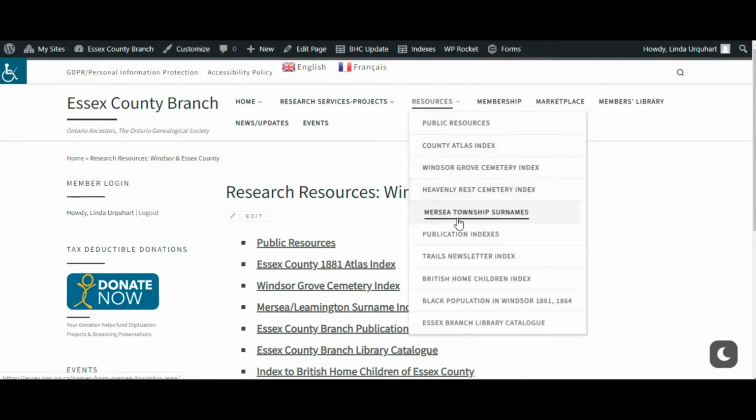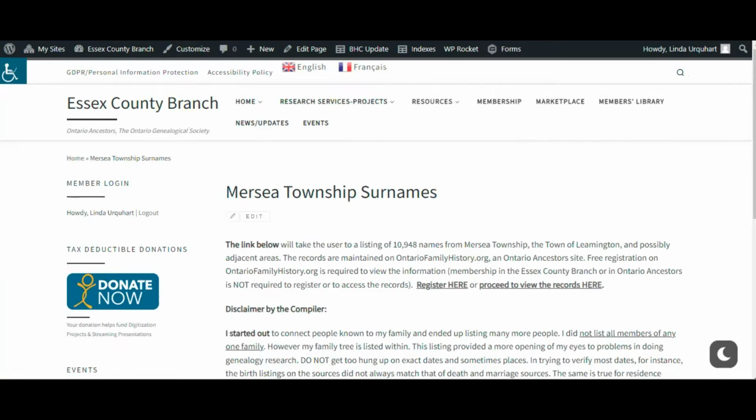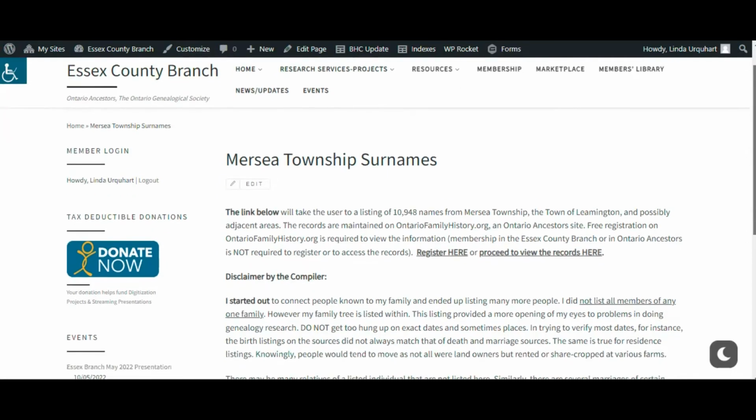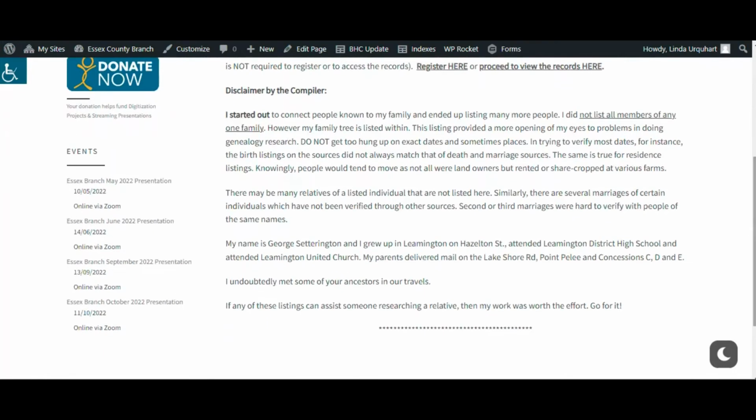And then Mercy Township surnames. This was prepared by a gentleman associated with the branch, George Setterington, and he has gone through many of the surnames that were common in Mercy Township.